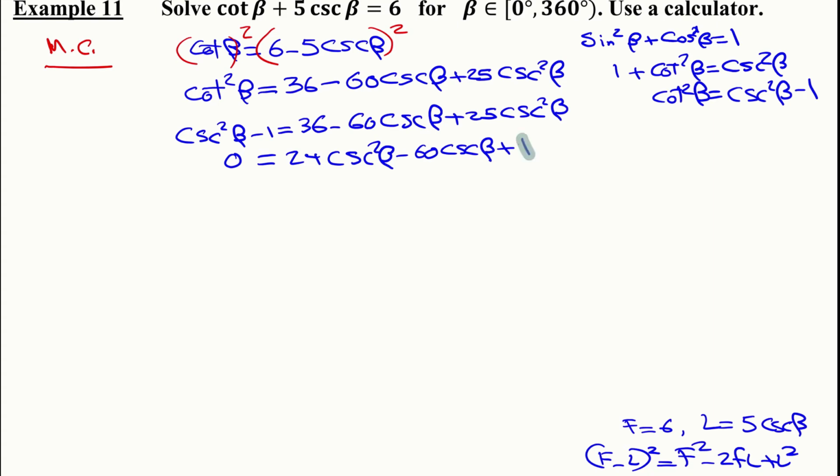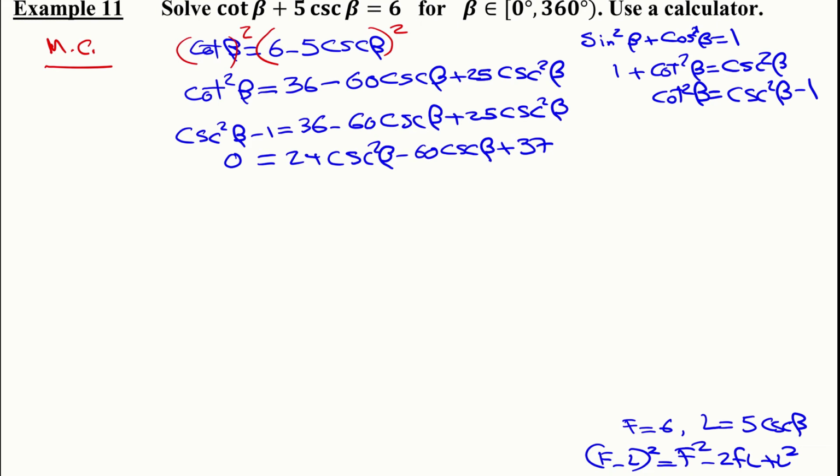Let's combine those and put plus 37. Now we have ourselves a quadratic that doesn't look very friendly either, so we're going to apply the quadratic formula with cosecant of beta being the variable here.